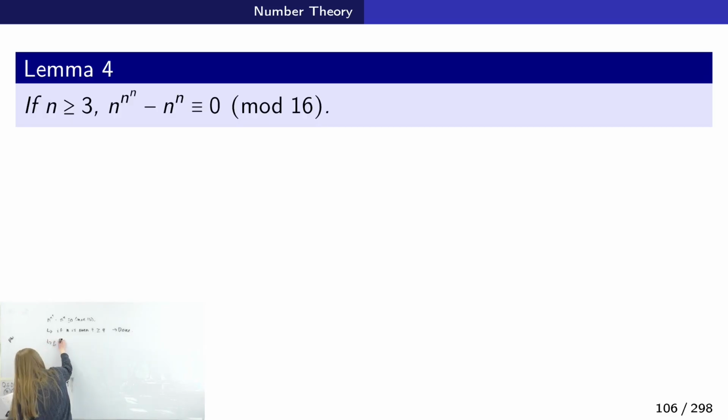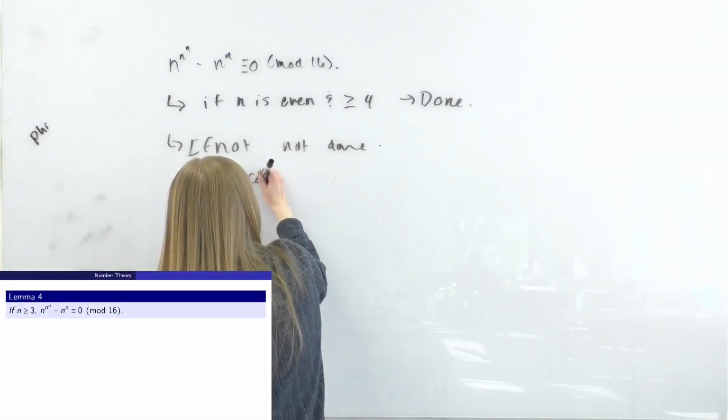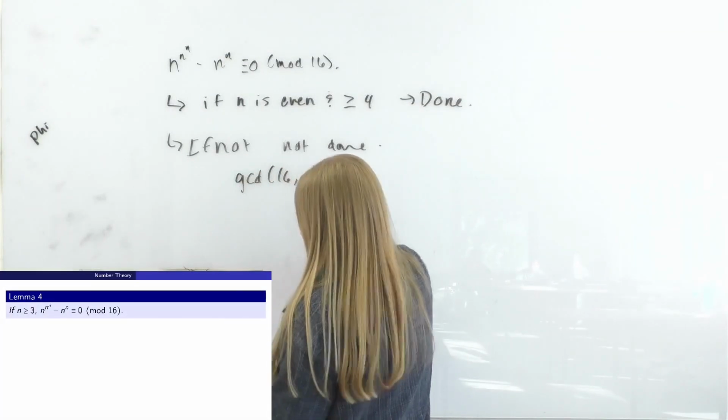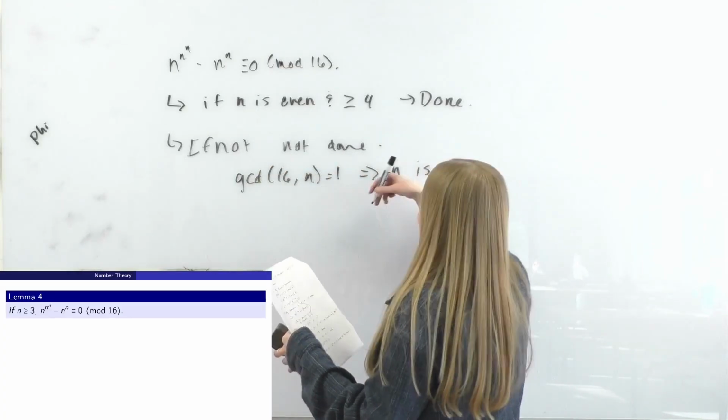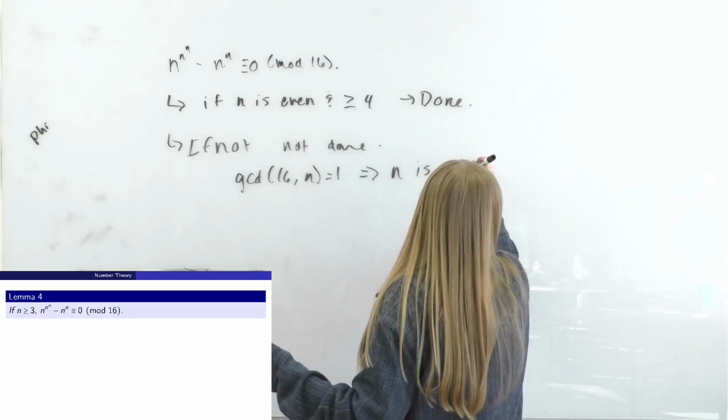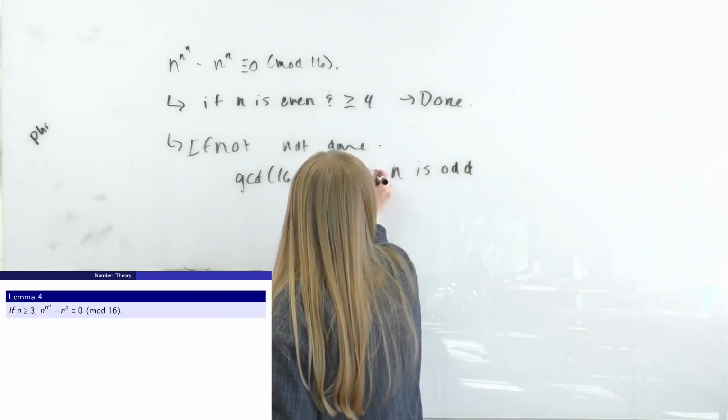If not, we're not done. If n is not even, then we know the GCD of 16 and n is 1, which implies that n is odd. Well, if it's not even, it already implies that n is odd.